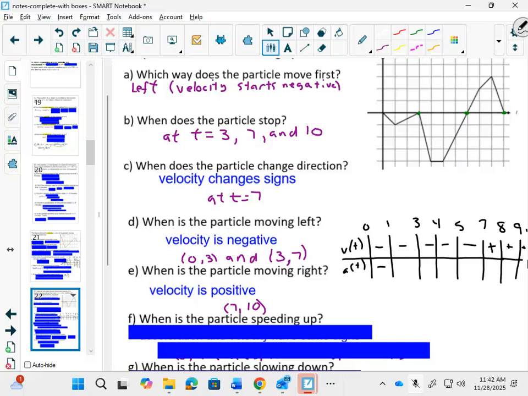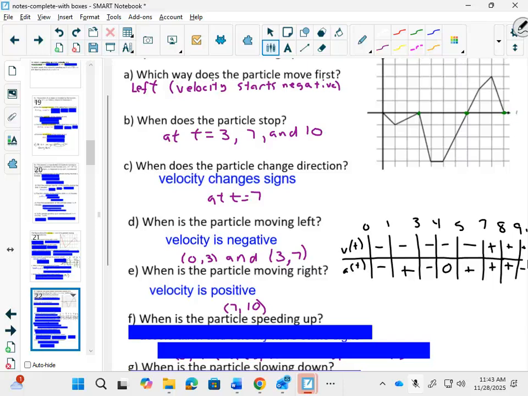So we're going to be negative here, then positive there, then negative. What happens here? It doesn't accelerate. It's flat, right? Slope of a flat line will be 0. So I'm going to just put 0 in there. From 5 to 7, it's positive. Here it's positive, positive, and negative again.